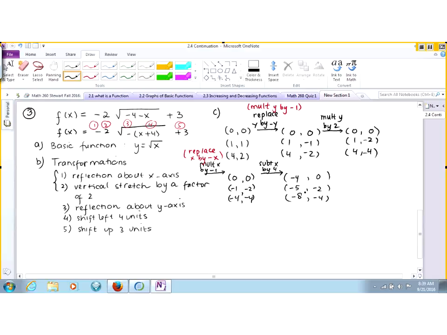Negative 4, negative 5. Oh, okay, good. Last one. Shift up 3 units. Yes, add 3 to y. Okay. So when you add 3 to y, what happens here? Yes, so 3, 1, negative 1, is it? Negative 4, negative 5, negative 8. All right.